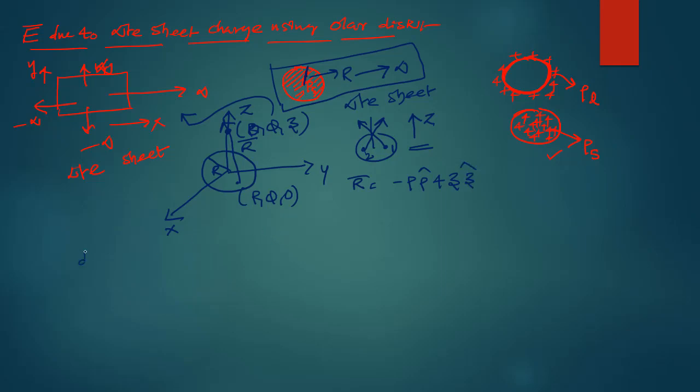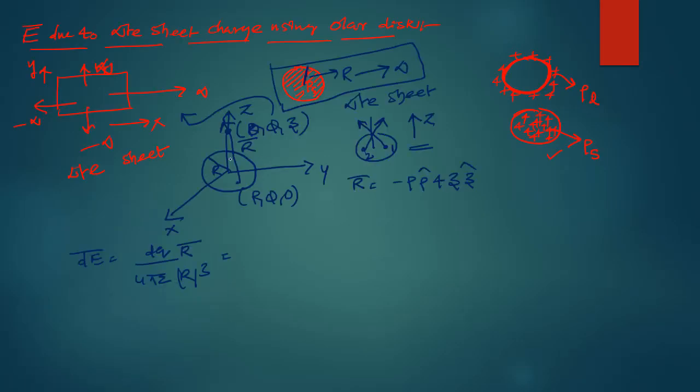From Coulomb's law, the electric field due to an infinitesimally small differential element is given by dq by 4 pi epsilon magnitude of r cube times r bar. Because it is a sheet having the charge density rho s, we can take dq equal to rho s times rho d rho d phi.